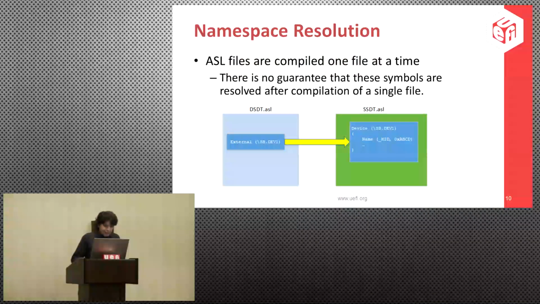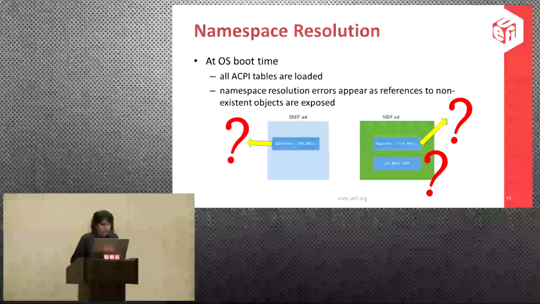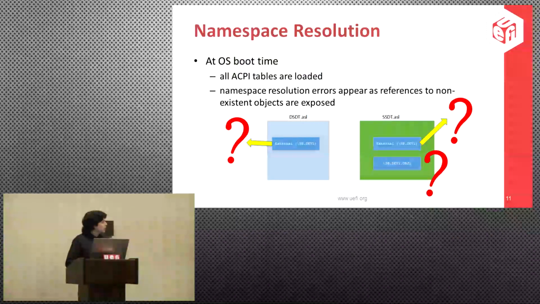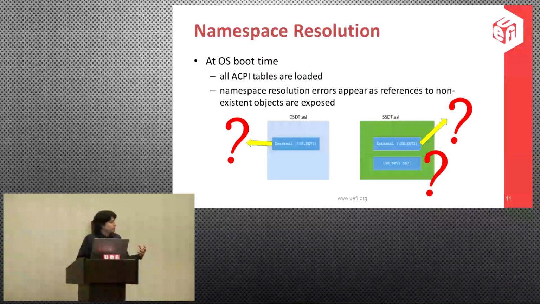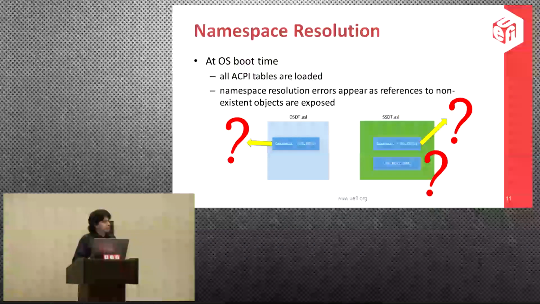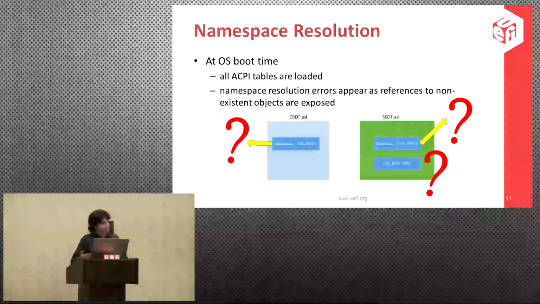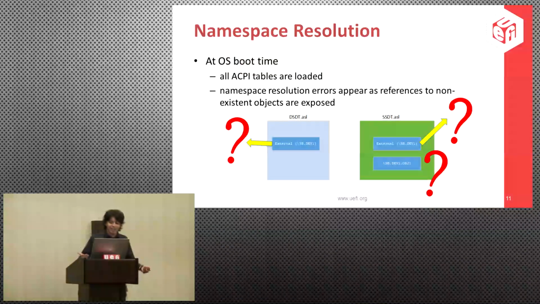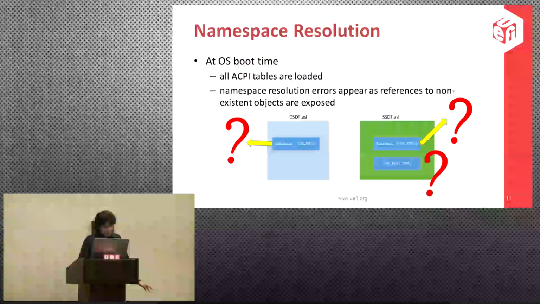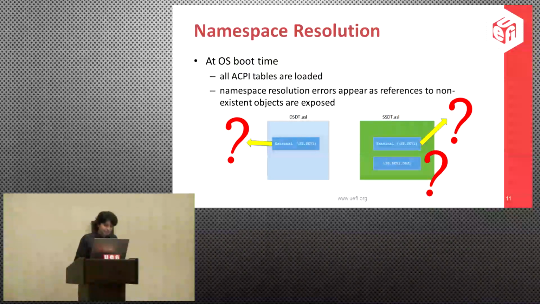So as these tables get more complicated, these errors are harder and harder to detect. Now, this small example is fine, but as we get into tens of thousands of lines, I've seen ASL tables that are about 1 million lines long for some servers. Things get complicated.